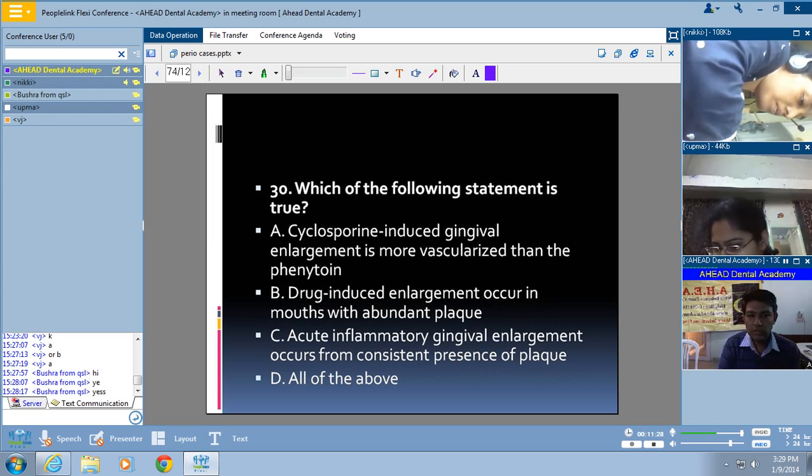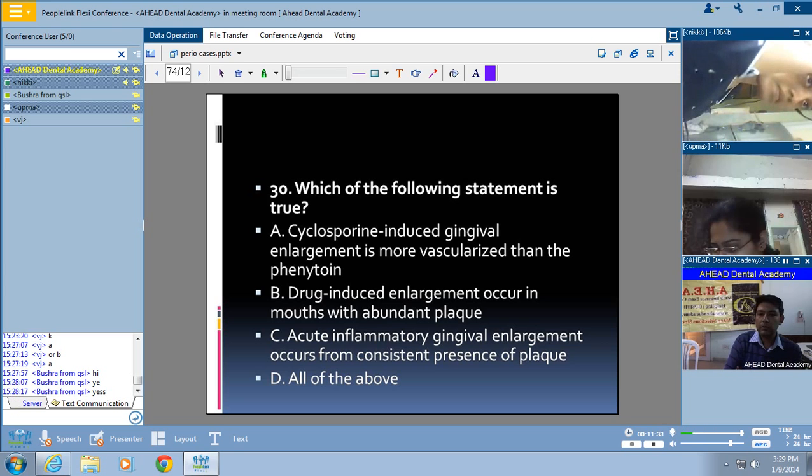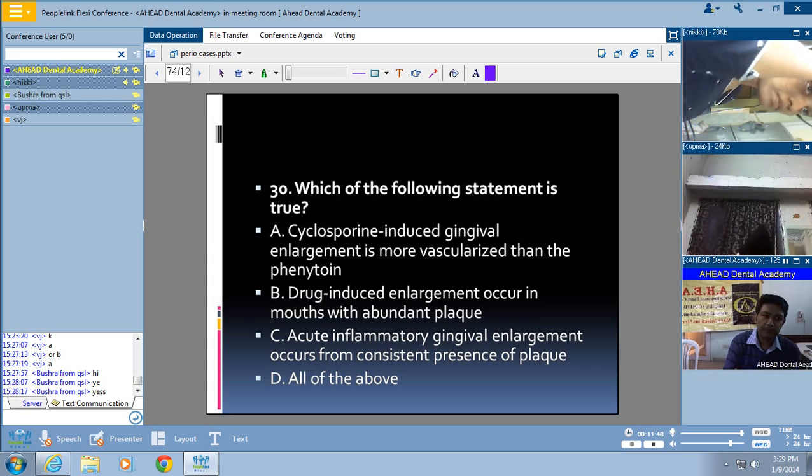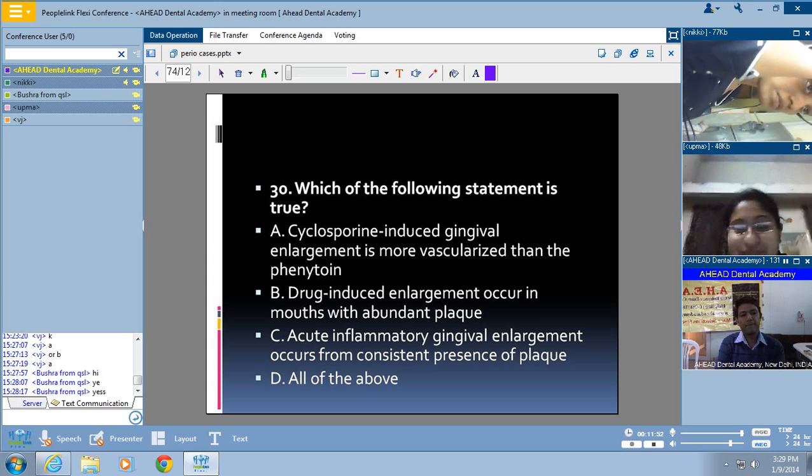Now, which of the following statements is true? A, cyclosporin-induced gingival enlargement is more vascularized than phenytoin. B, drug-induced enlargement occurs in mouths with abundant plaque. C, acute inflammatory gingival enlargement occurs from consistent presence of plaque. D, all the above. Take a call on this.